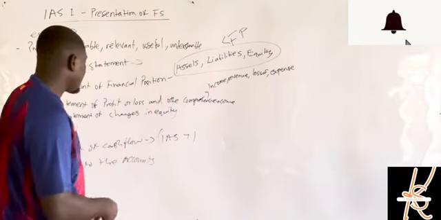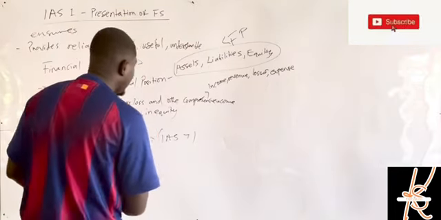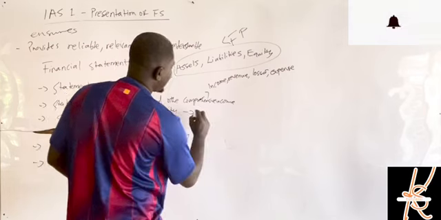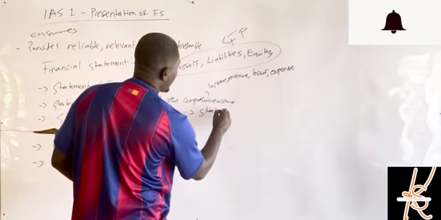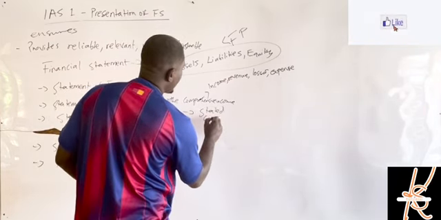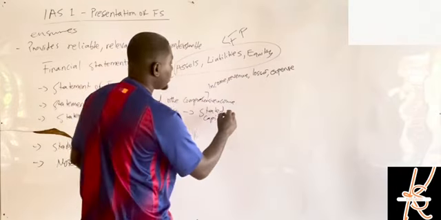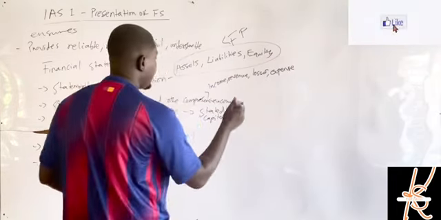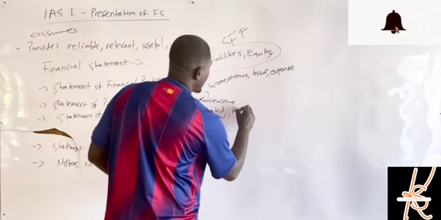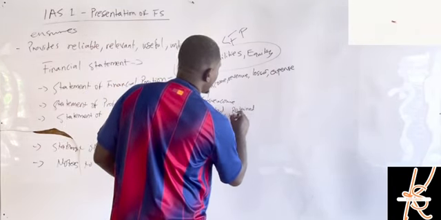Okay, so when we move to the statement of changes in equity, yes, changes in equity. So you are going to see something like stated capital or equity, stated capital. You are going to see something like retained earnings, retained earnings.